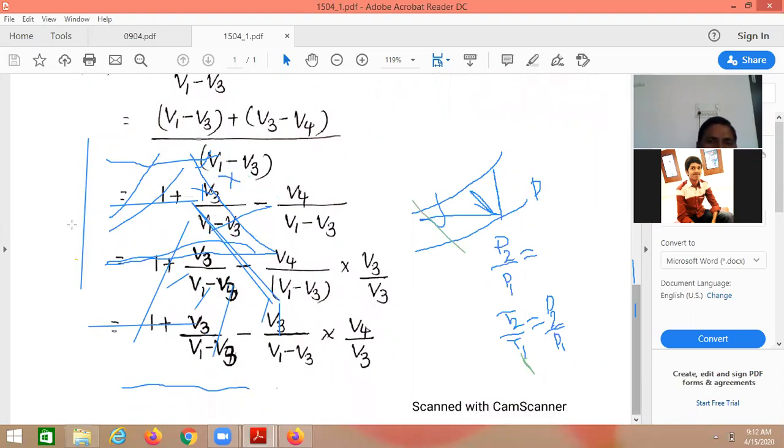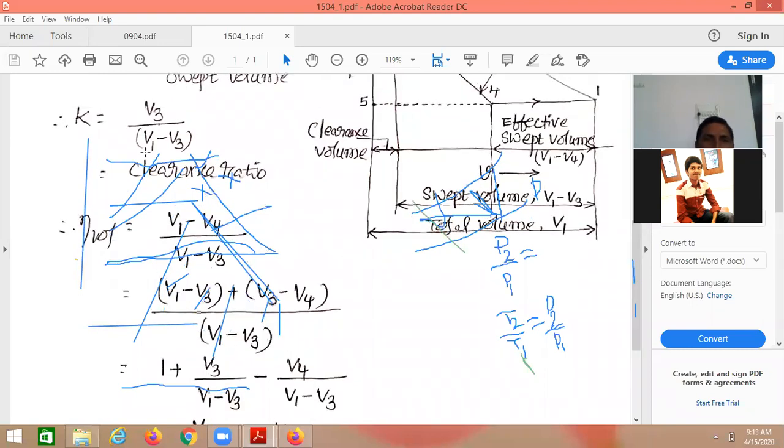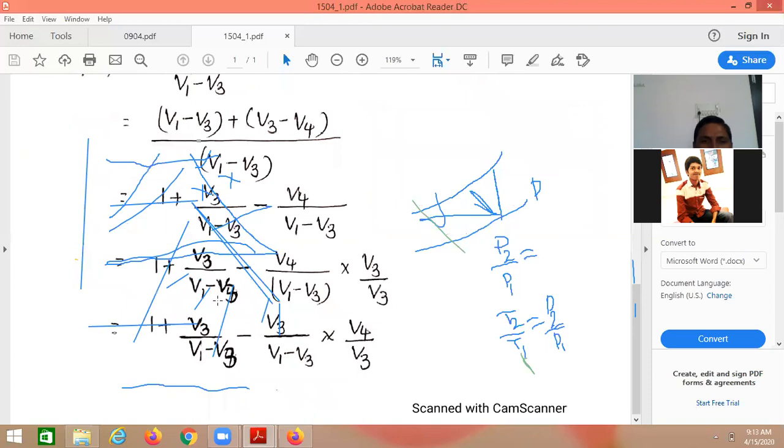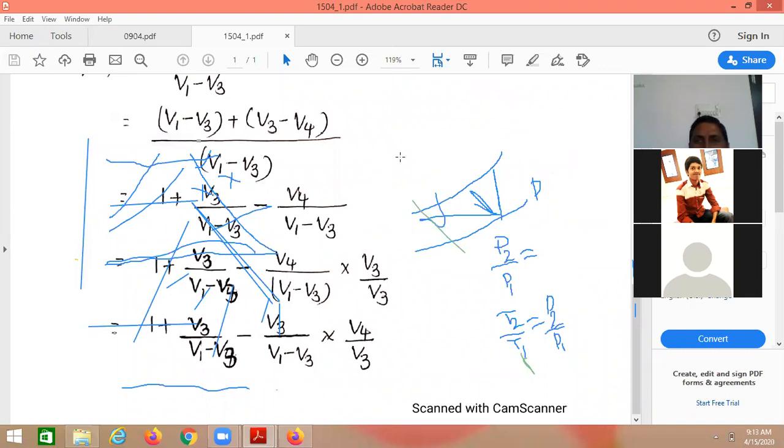What have I written already? V3 by V1 minus V3, from the relation just known, is the clearance ratio K. So I replace V3 by V1 minus V3 with K. The last term I multiply in both numerator and denominator by V3. So V3 by V1 minus V3 is K, and V4 by V3 remains.